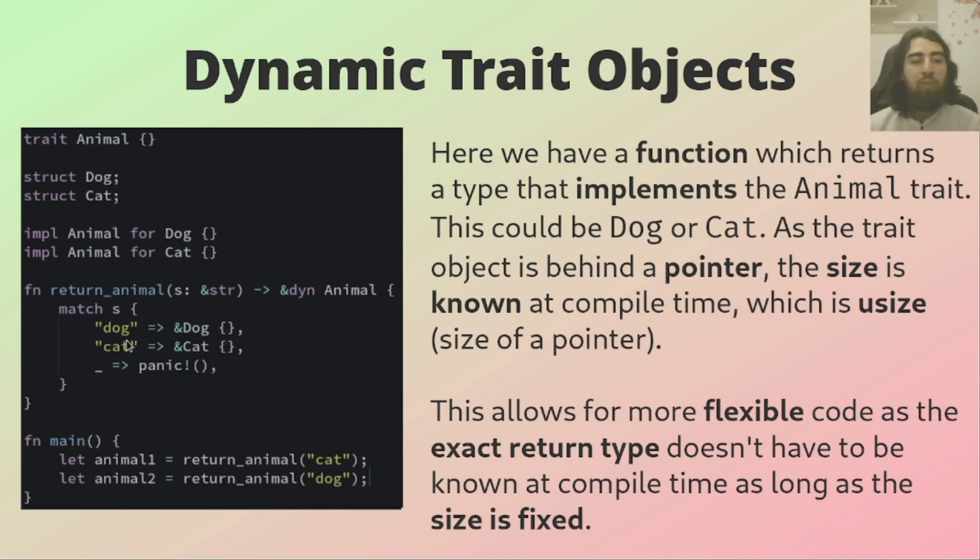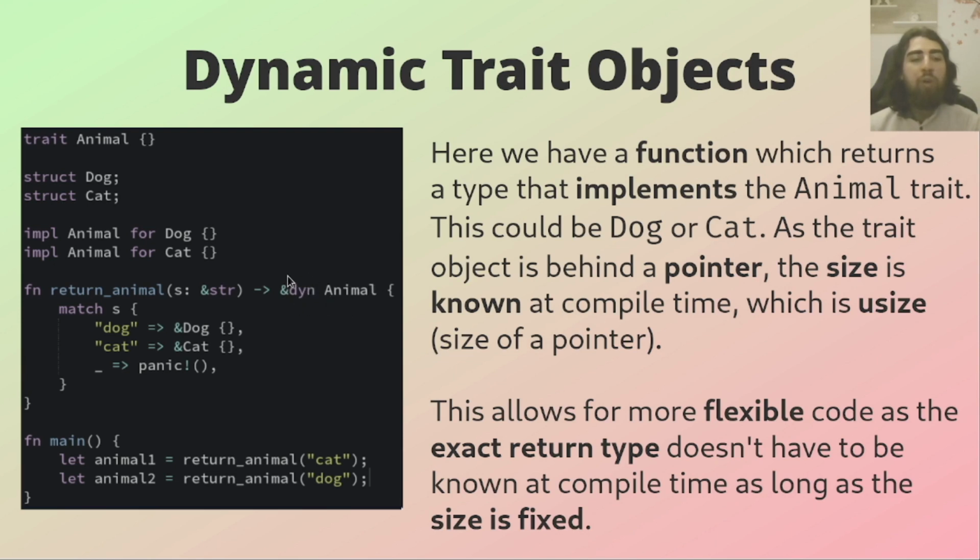Now, if it returns cat, then it returns a cat instance. But as you can see, we are here providing a reference to the instance and not the instance itself. Because when we return a reference to a type that implements the animal trait, it means that the size of this type is known at compile time.